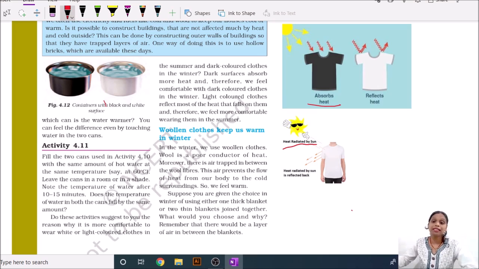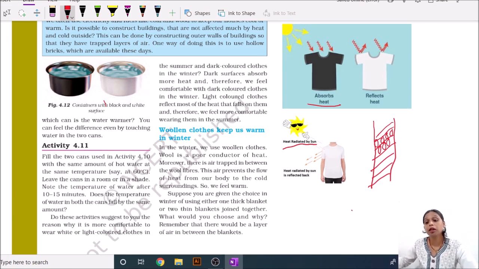Now, one interesting thing you can see in your day-to-day life: why do we wear woolen clothes in winter season? Because woolen cloth traps a lot of air, and you know that air is a bad conductor of heat.